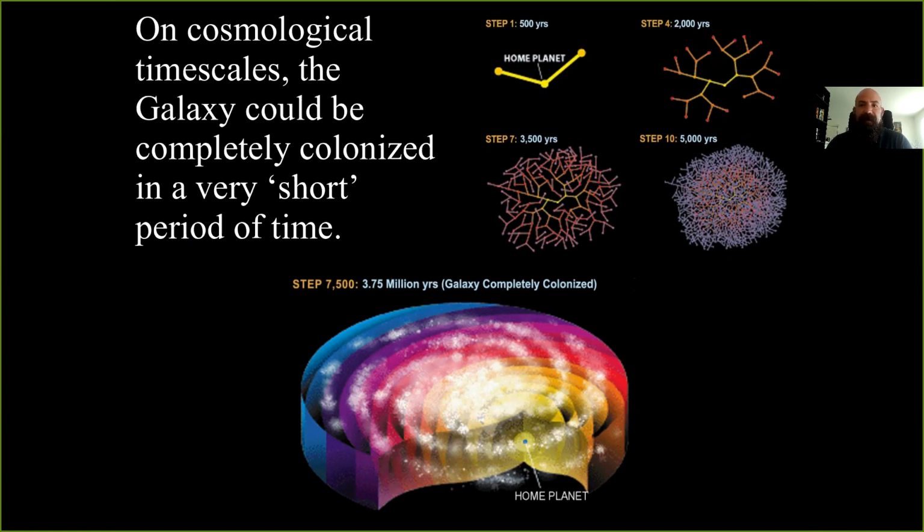Now, as you can see from the steps in the simulation here, each step takes a few hundred years to complete to establish one colony on a nearby world, and that seems like a long time. And in the course of this talk, I'll show you why that assumption is not terribly pessimistic. This is a fairly realistic assumption for how long it should take interstellar travel to happen.